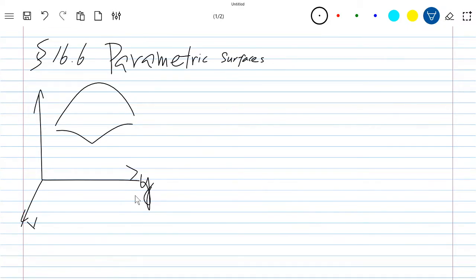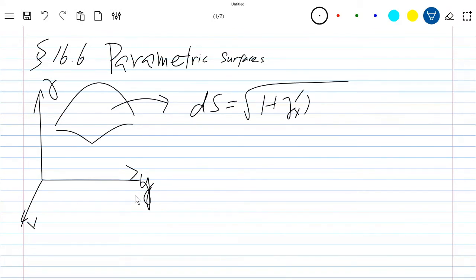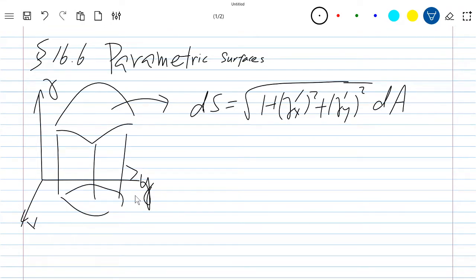We have seen that the area of a surface is written in this way: the square root of 1 plus v prime x squared plus 1 plus v prime y squared dA, where A is the projection onto the xy plane, if the equation for the surface is written as z as a function of x and y.